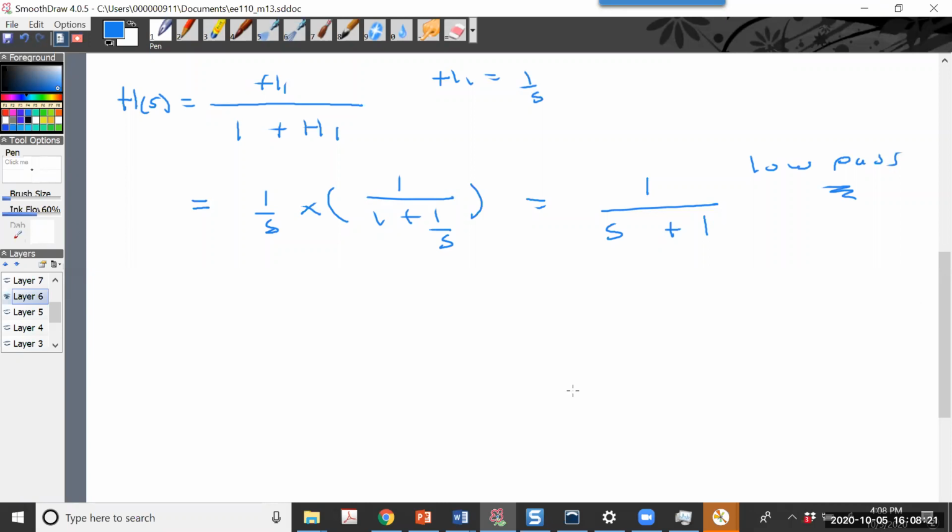But the circuit is made up of a summer and an integrator, okay?